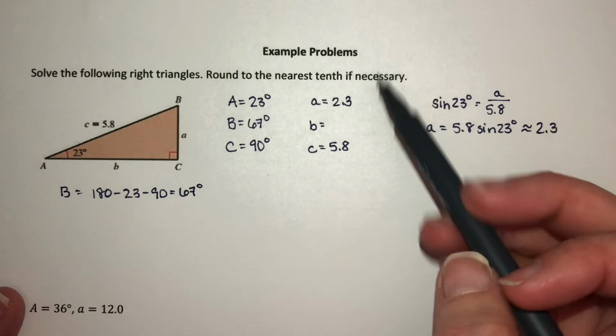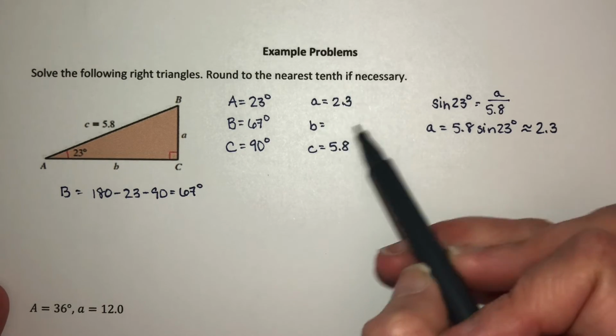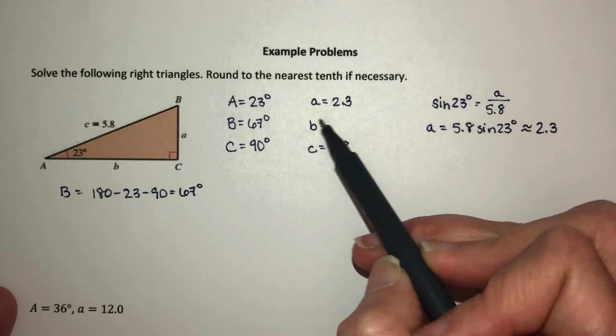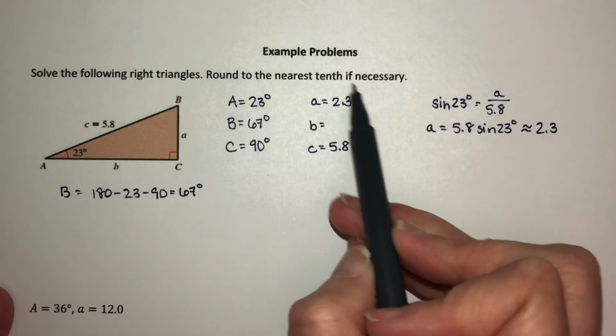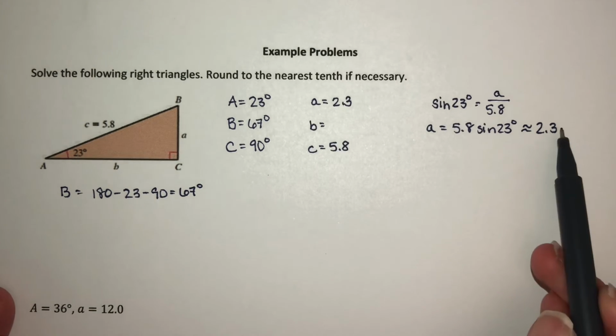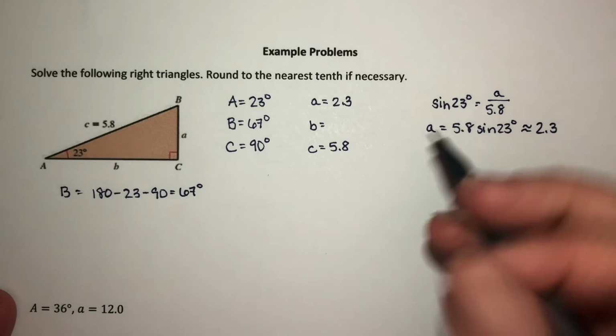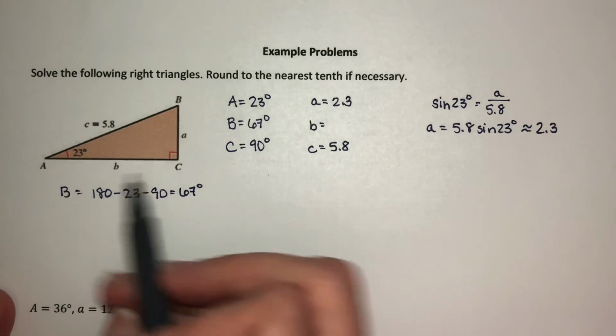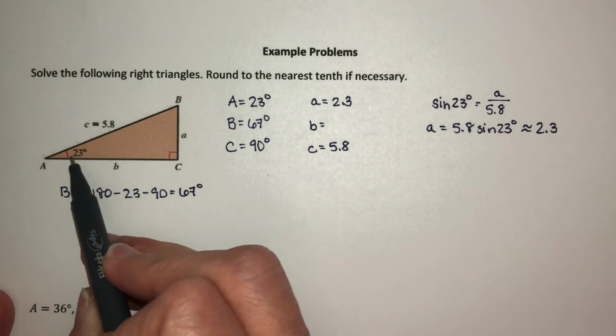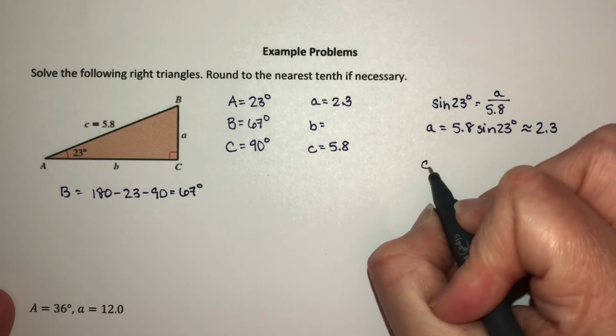Now you should, in theory, be able to find b by using the Pythagorean theorem. But since we calculated this and we had to round it, using that in your calculations can be risky. Sometimes you're not going to be able to avoid it, but it is kind of risky. So to avoid that, to find b, I'm going to use the cosine of 23 degrees.